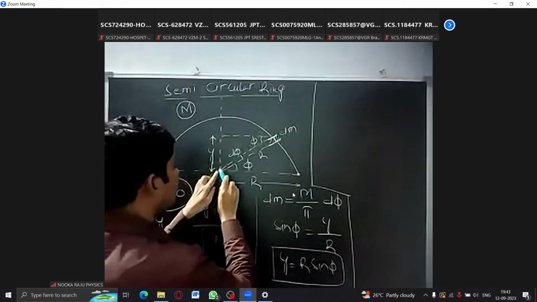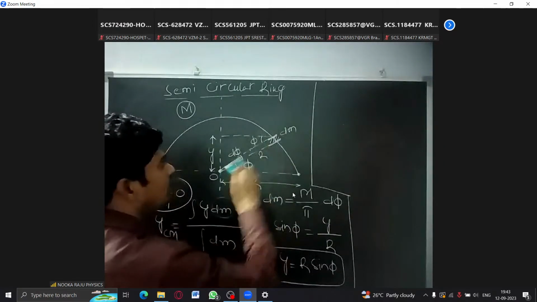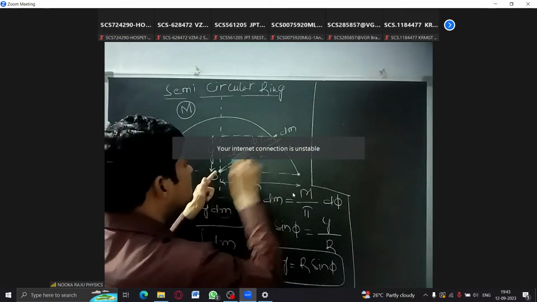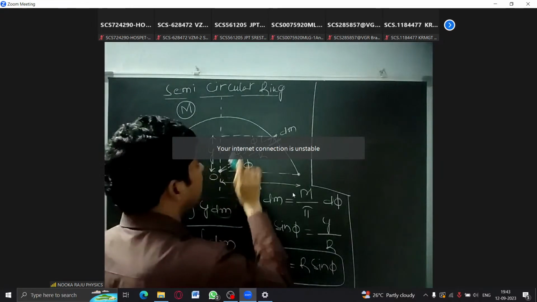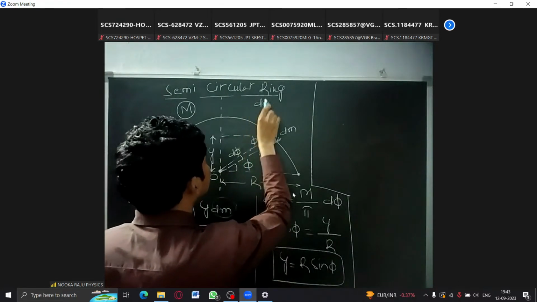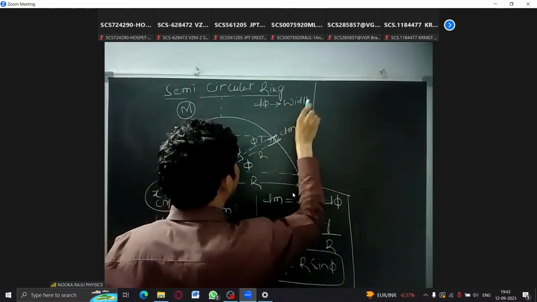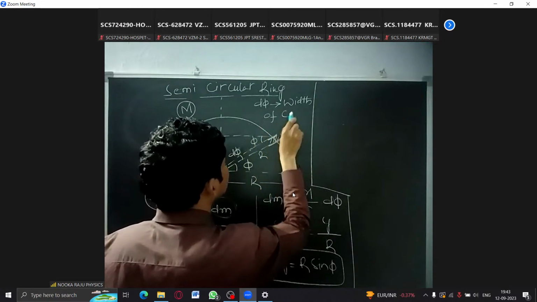Coming to the next one, I connect one more position vector to the dm. So here this is the width of the circular ring. Now try to understand, d pi is nothing but the width of the circular ring.